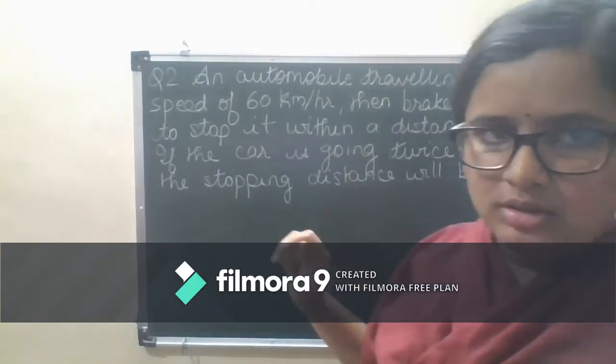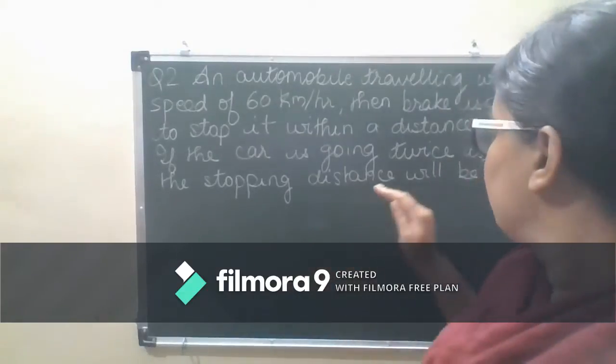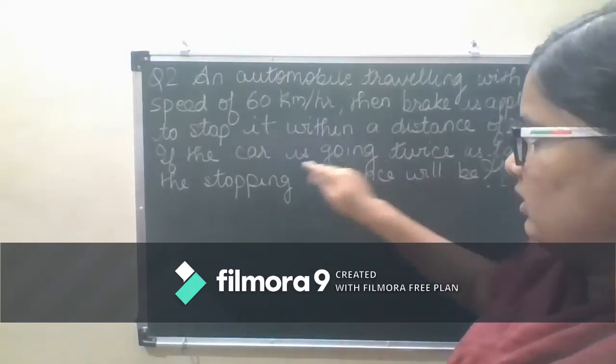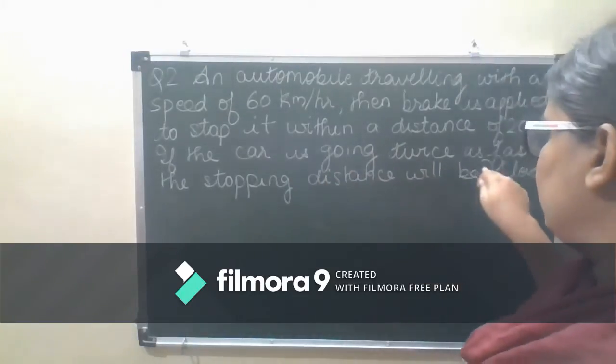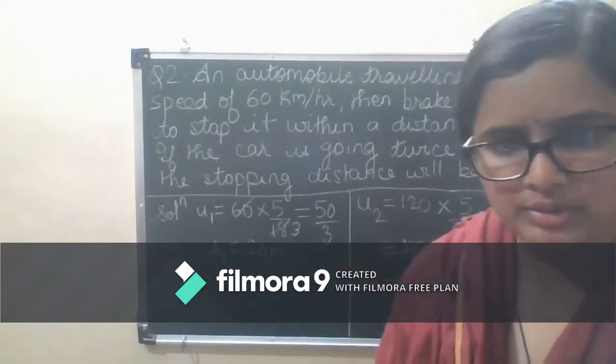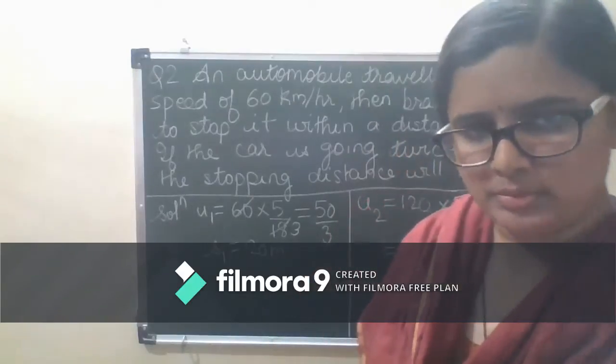What happens? He applies a brake within a distance of 20 meter. If the car is going twice as fast, what is the stopping distance? Now we will see what is given in this problem.